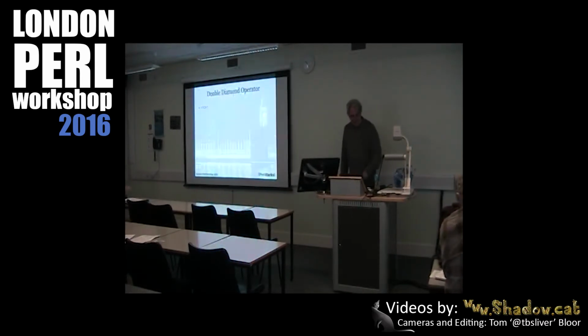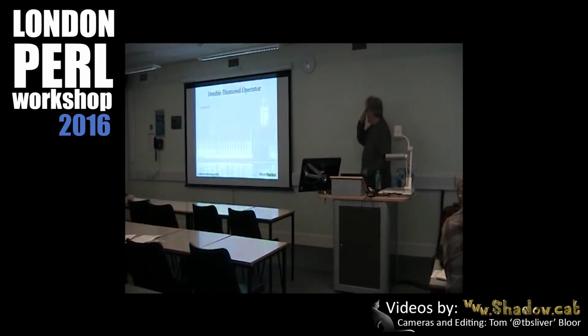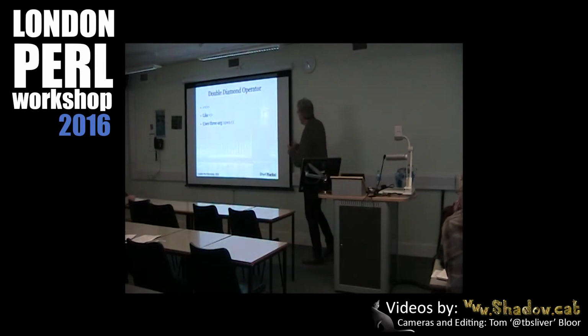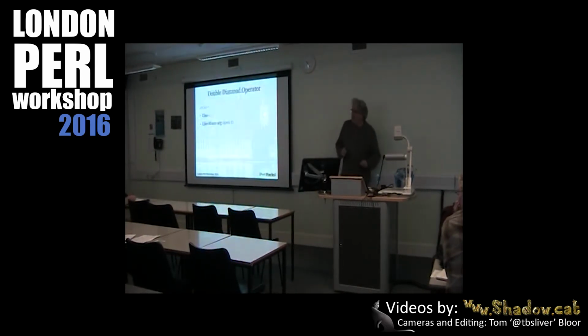Right, the double diamond operator. It looks just like the standard diamond operator, but it always uses the 3-argument version of open, which is the safer version of open that we always recommend people use these days.